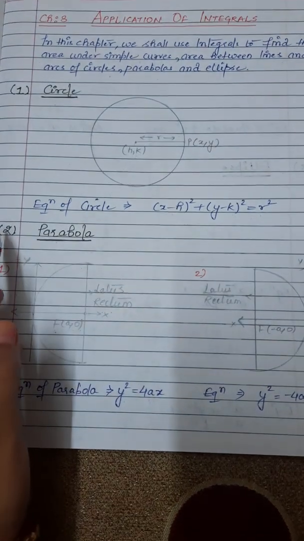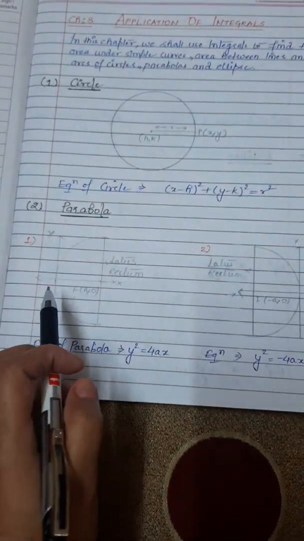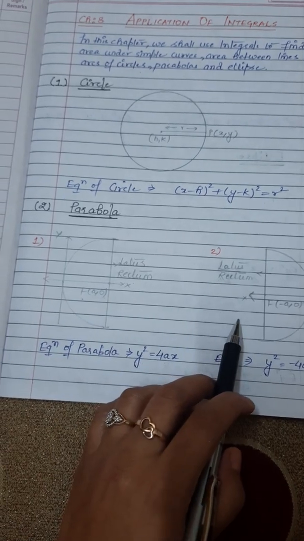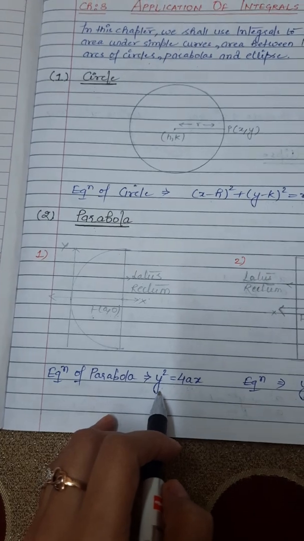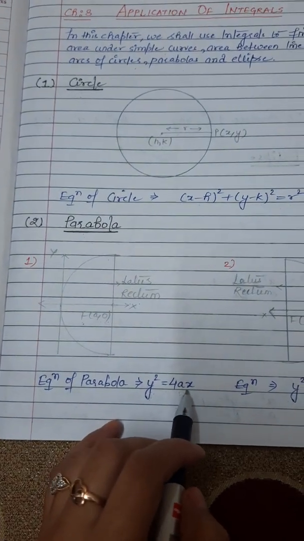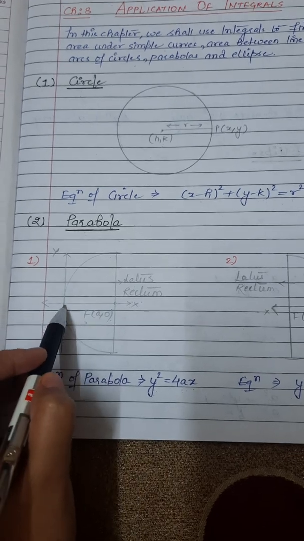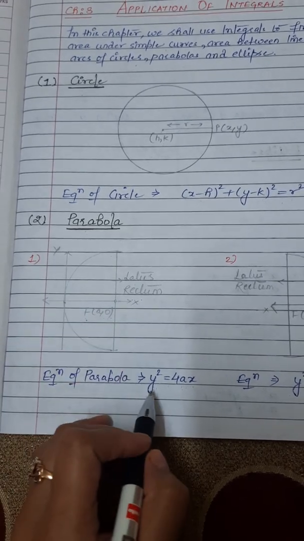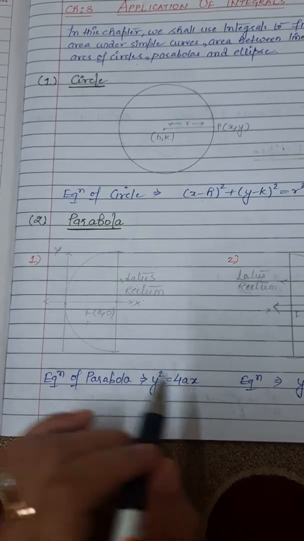Now the second geometrical figure is parabola. Here you can see the two figures. The equation of the first one is y square is equal to 4ax. This parabola is touching the y-axis, that is why the equation is y square is equal to 4ax.